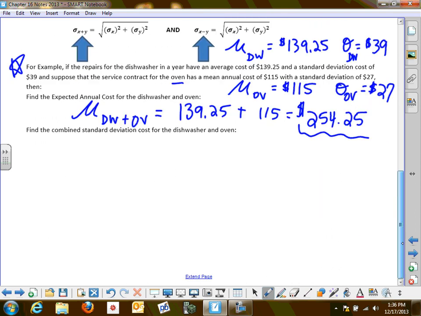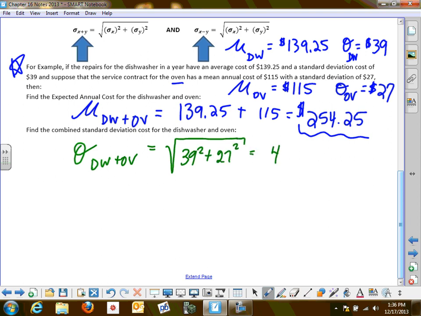So let's go down there with the dishwasher and the oven and do that. So the standard deviation for the dishwasher and the oven is not $39 plus 27. That would be too big. That would be too much variation. It is going to be then what? The square root of 39 squared plus 27 squared.